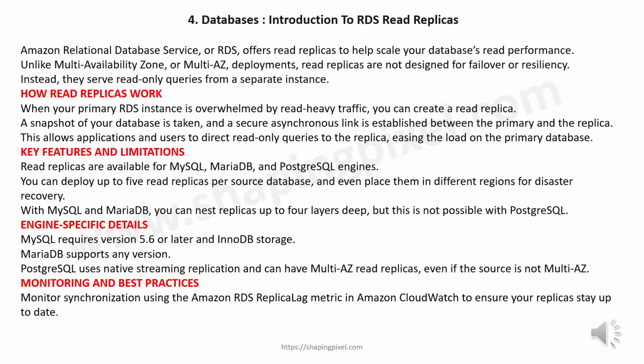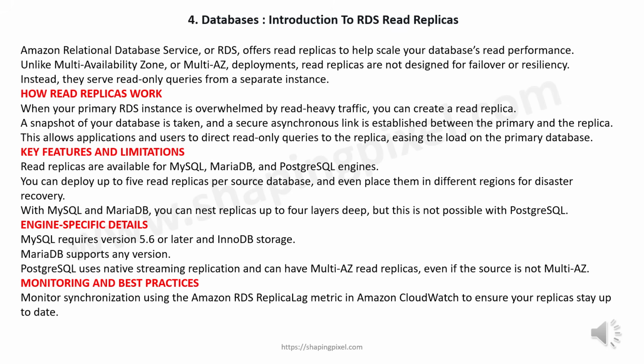When your primary RDS instance is overwhelmed by read-heavy traffic, you can create a read replica. A snapshot of your database is taken, and a secure asynchronous link is established between the primary and the replica. This allows applications and users to direct read-only queries to the replica, easing the load on the primary database.